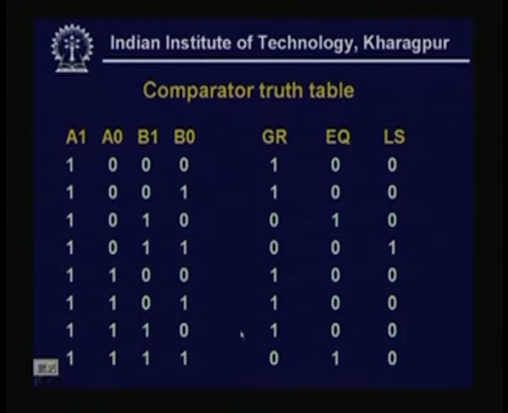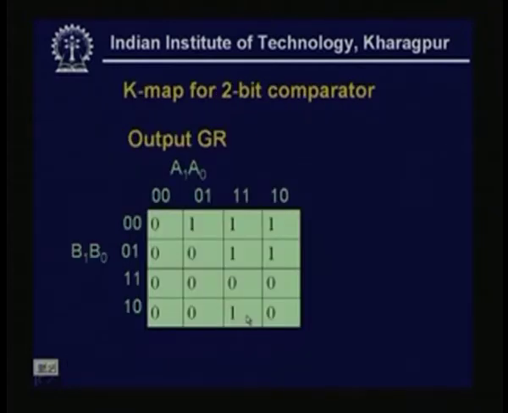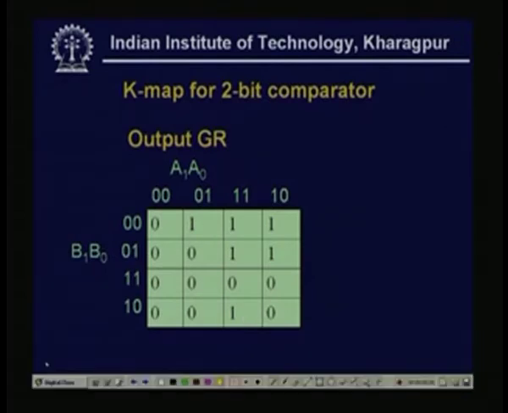Now, if I draw the Karnaugh map, this is 0 0 0 1, actually this is 0 1 0 0, so this is my 4.